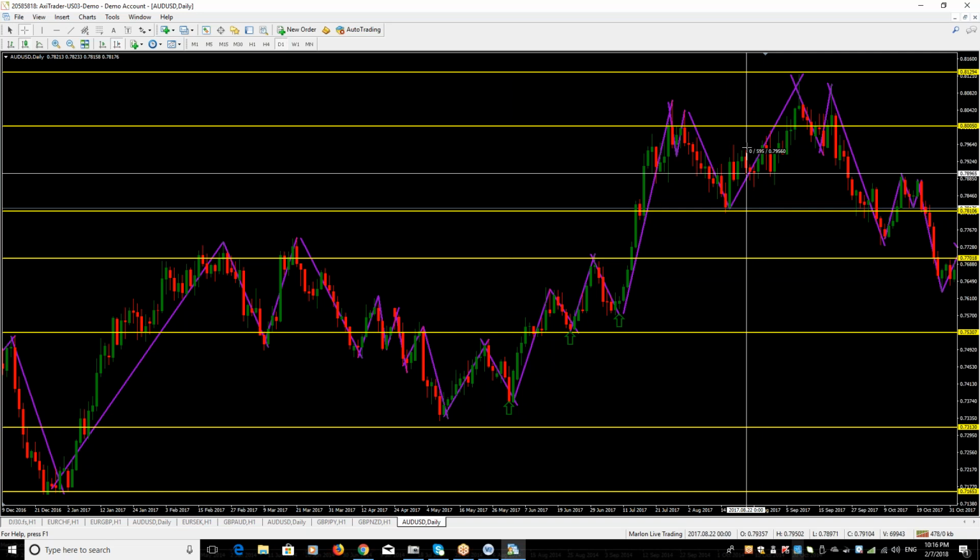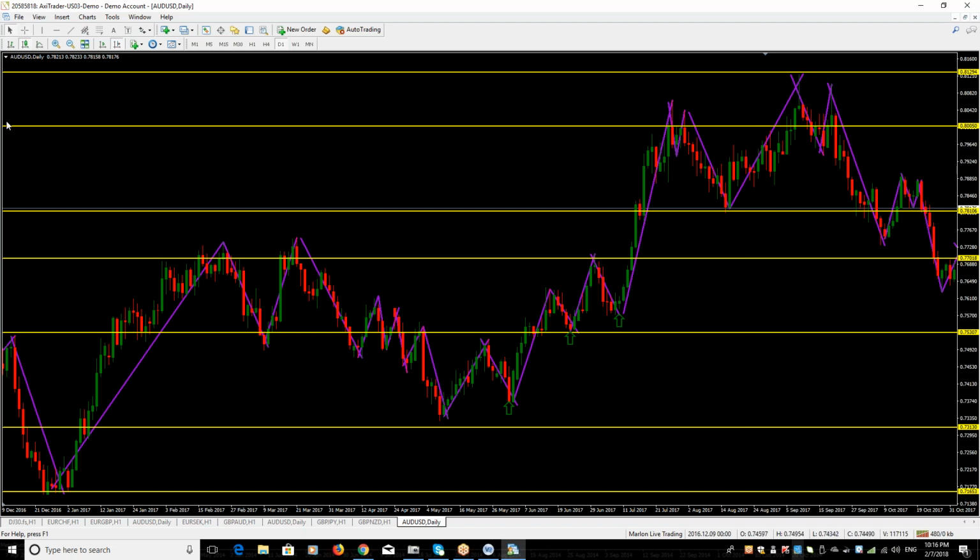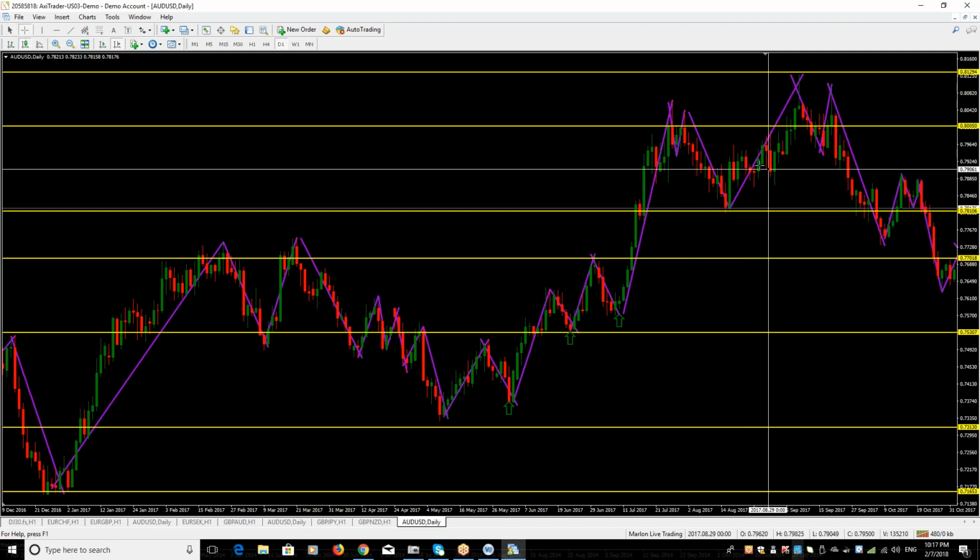A 59 pip engulfing is not any major move. So you could say if this engulfing is not over 70 pips, then I'm not going to take the trade. That could be one of your rules or trade management that will also help you to negate a trade. Yeah. So anyway, we might have been stopped out on this one.